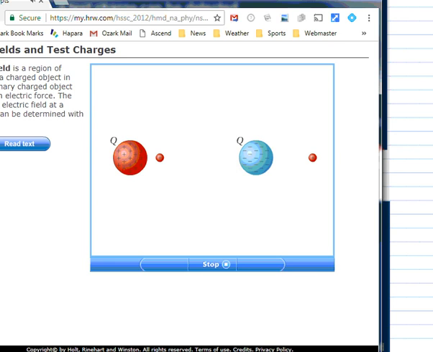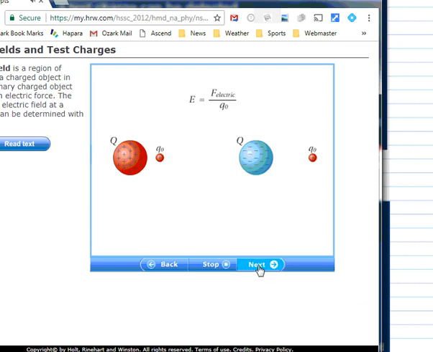An electric field is a region of space around a charged object in which a stationary charged object experiences an electric force because of its charge. The electric field at a point is defined as the electric force that would be exerted on a small positive charge, called a test charge, located at that point.